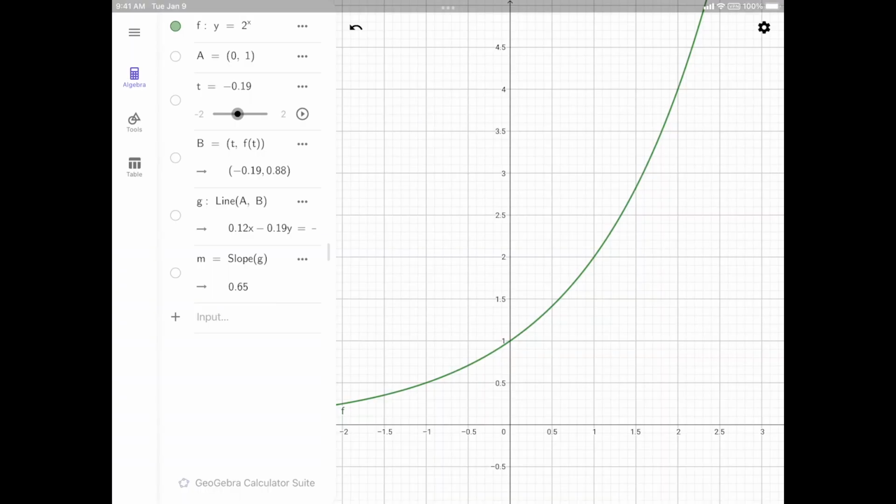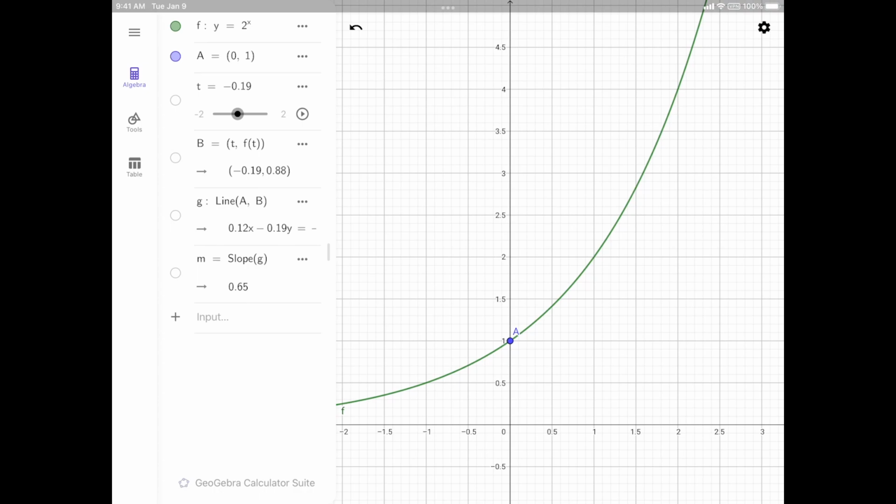So this is a GeoGebra construction of the case we were studying just now. This is y equals 2 to the x, the green graph you see on the screen. And I'll slowly reveal what the left sidebar items mean. First I show you item point A, which is (0, 1), which is the point where I want to find the tangent line. t for me is going to be some number that goes between -2 and 2.